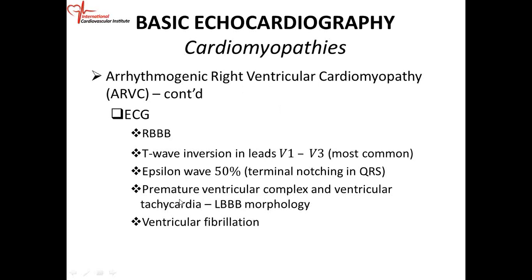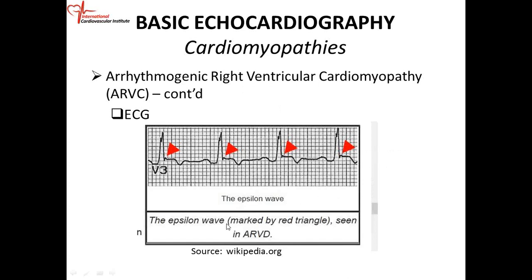Because it's a problem with the right ventricle, the morphology is going to be of a left bundle branch block pattern. When these patients die, they usually die from ventricular fibrillation, which is a terminal rhythm.